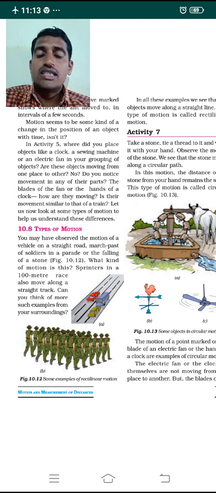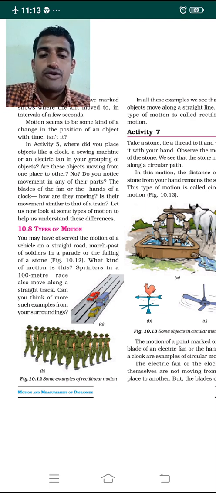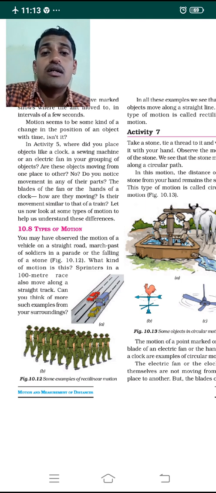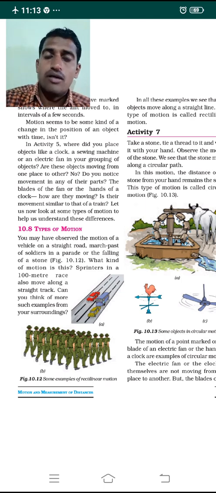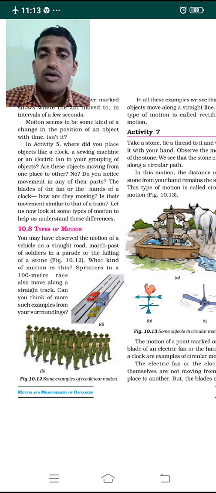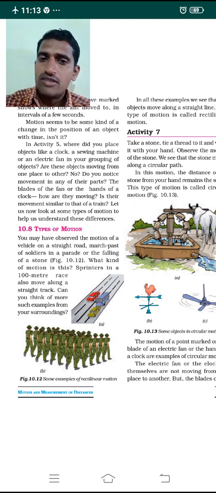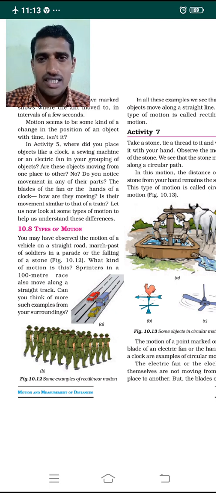Even see the falling of a fruit or a stone from the upper part to the ground. For example, an apple falls down from the tree. Does it fall down in a straight direction or in a zigzag manner? It falls down in a straight direction.